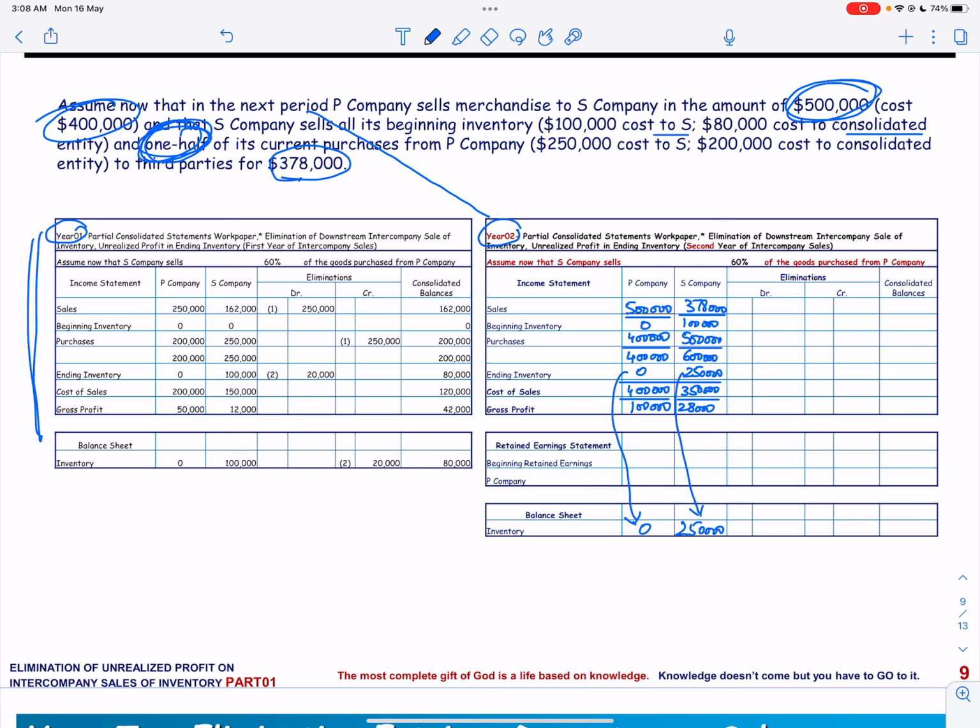Let us now look into the work paper entries, or first of all we look into the elimination entries for the second year and see how they are similar or different from the first year.